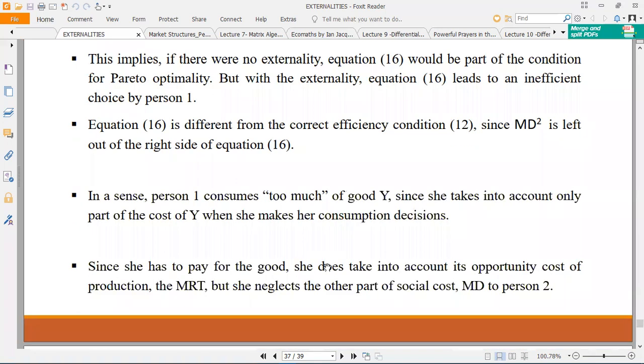So that is the difference. If the individual is consuming under perfect competition, he consumes too many cigarettes because he is not accounting for the marginal damage. But if you are talking about the social optimum or social efficiency, we have to consider the marginal damage that you are causing too.